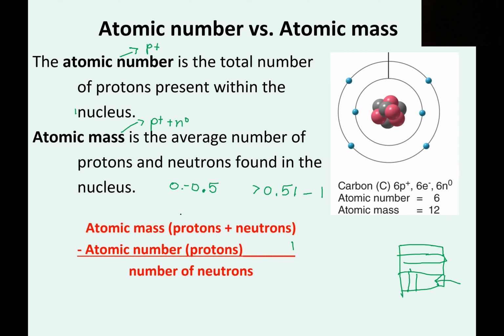So instead of protons, you can put the lowercase p. Instead of neutrons, you can put the n with the 0, p plus, and 0. Either way, that equation needs to go onto your periodic table so that you have that available as a reference.